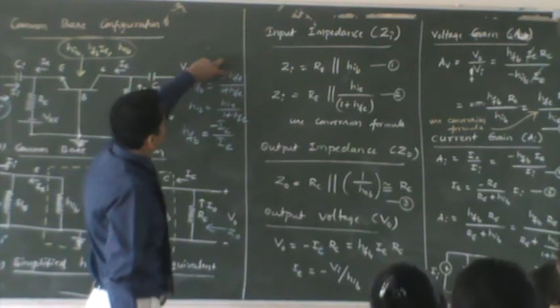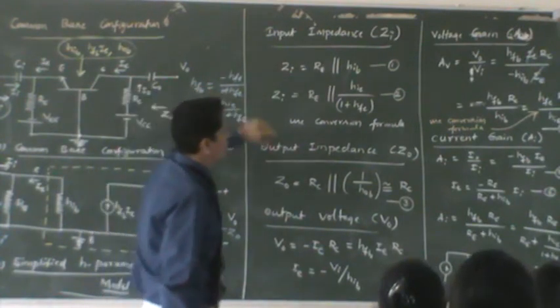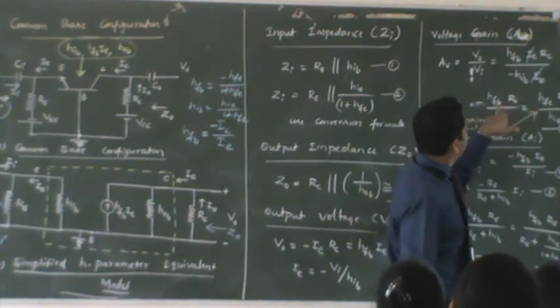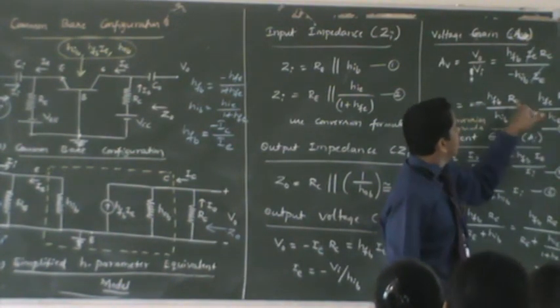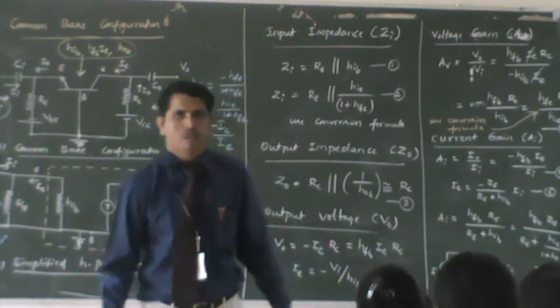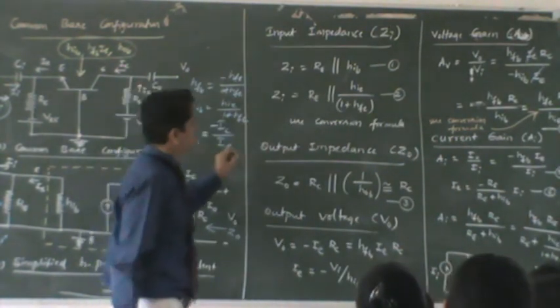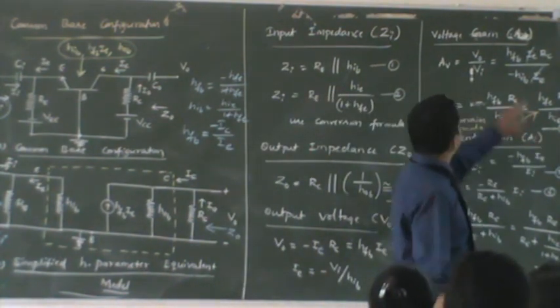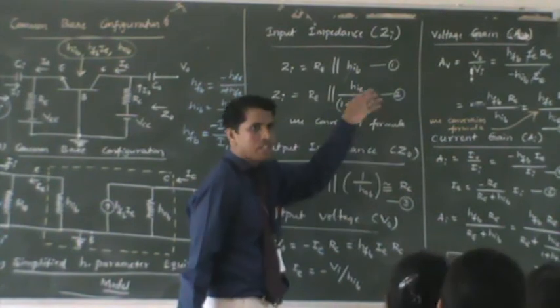Left out is minus HFE divided by HIE. So this minus gets eliminated. So left out is HFE divided by HIE, and this RC is passive. So if you understood this conversion formula, use it to simplify and get back to equation 4, which is AV. That's about voltage gain.